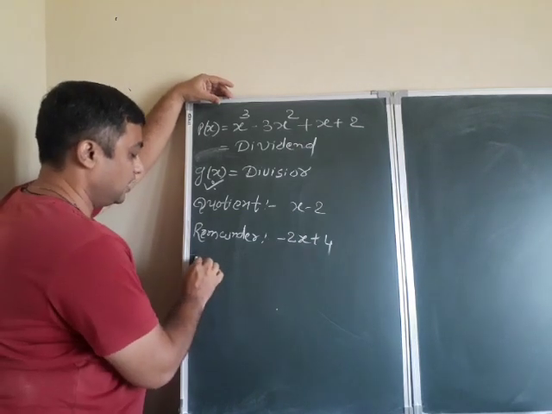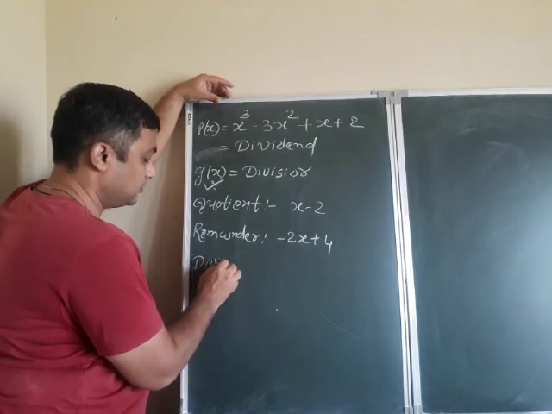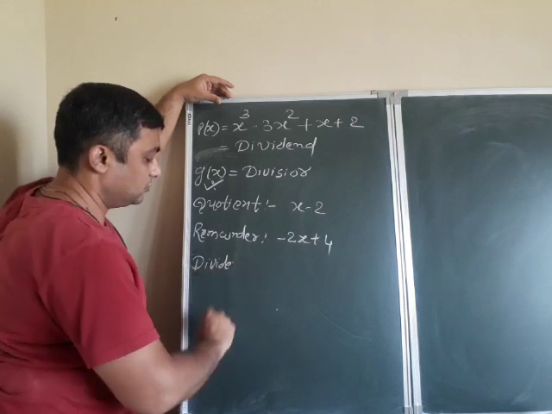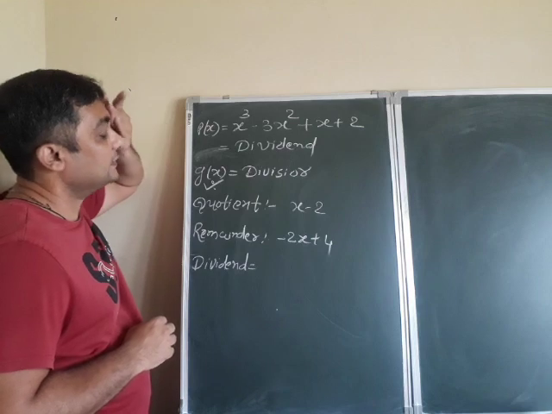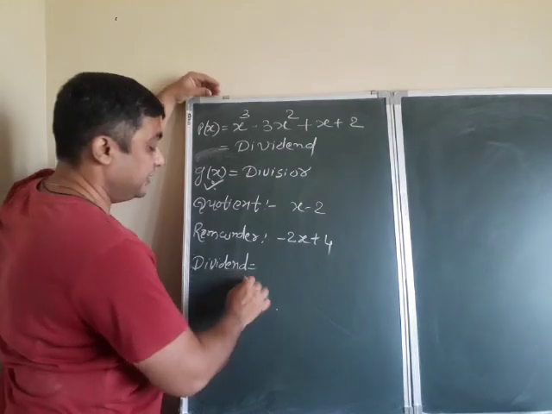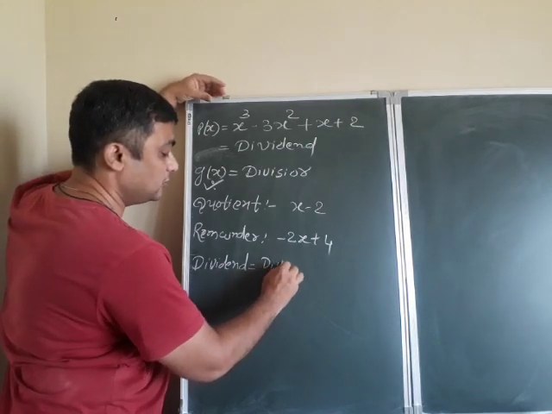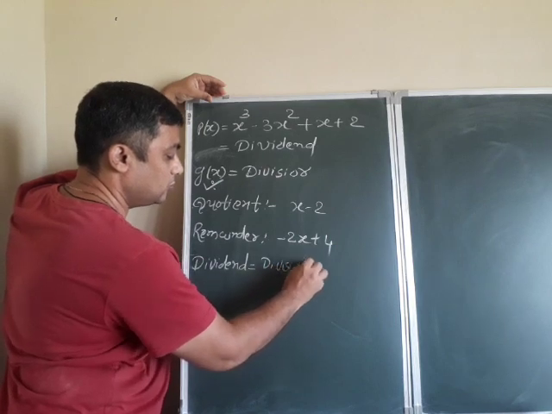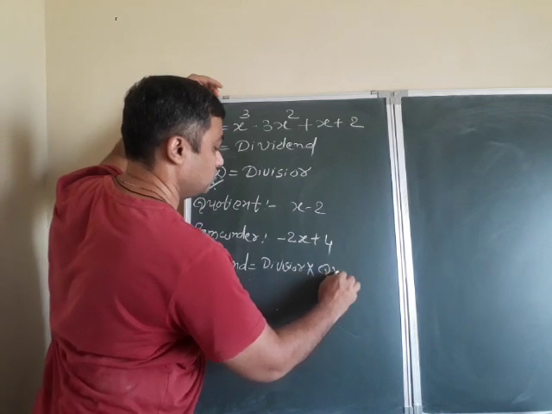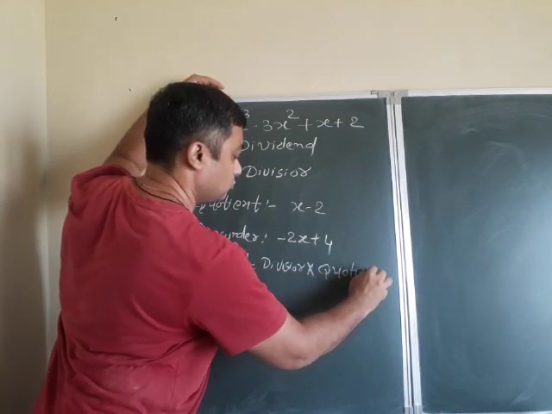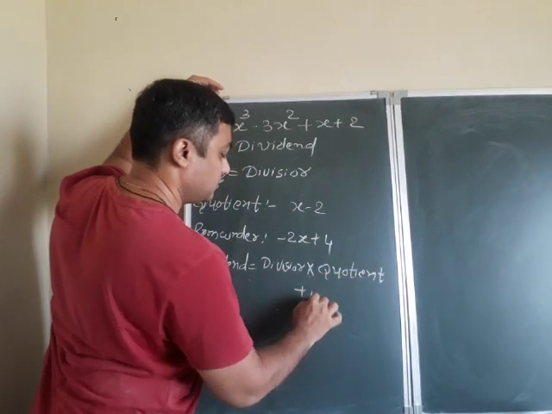As we know the formula, dividend is equal to divisor multiplied by quotient plus remainder.